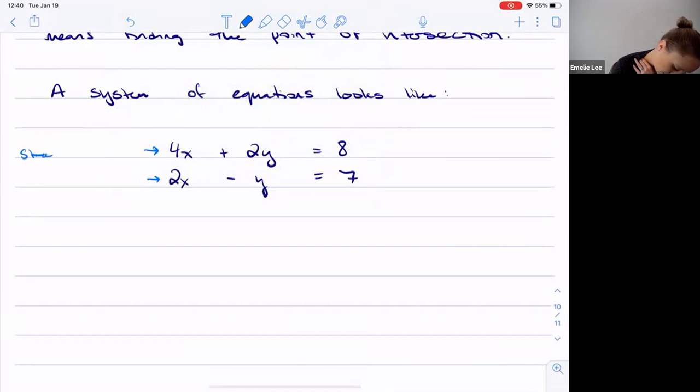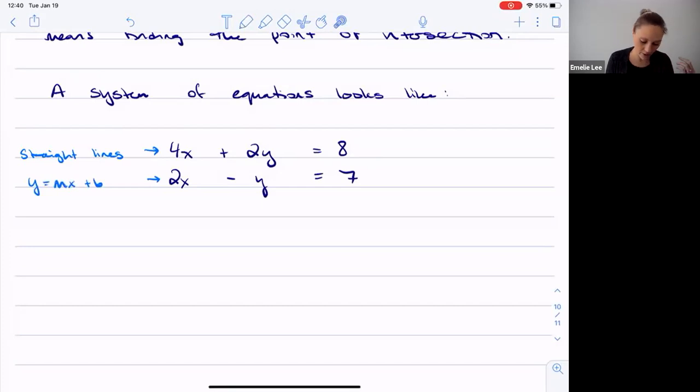Straight lines because we have just an x and a y, right? And you can rewrite this as y equals mx plus b, which you might remember is just the general equation of a straight line. So you've got the slope times x and then the y-intercept. So you can rearrange by solving for y, you can rearrange these into straight lines. So as long as there's an x and a y, then you've got a straight line.